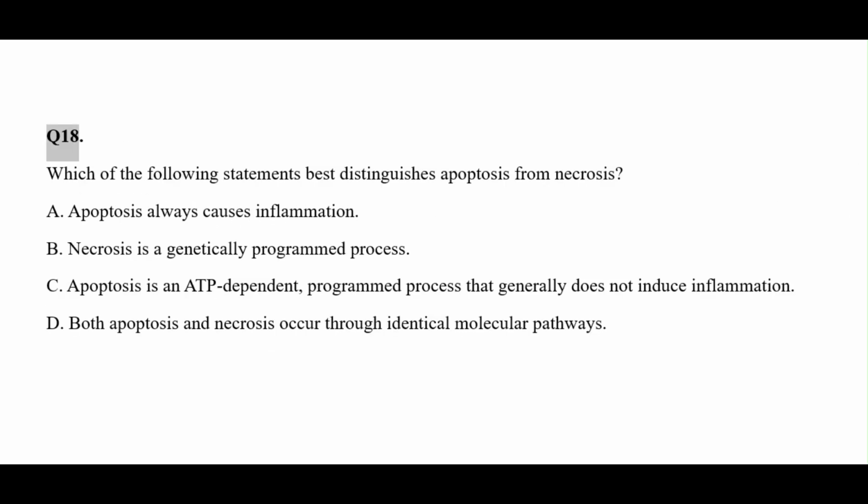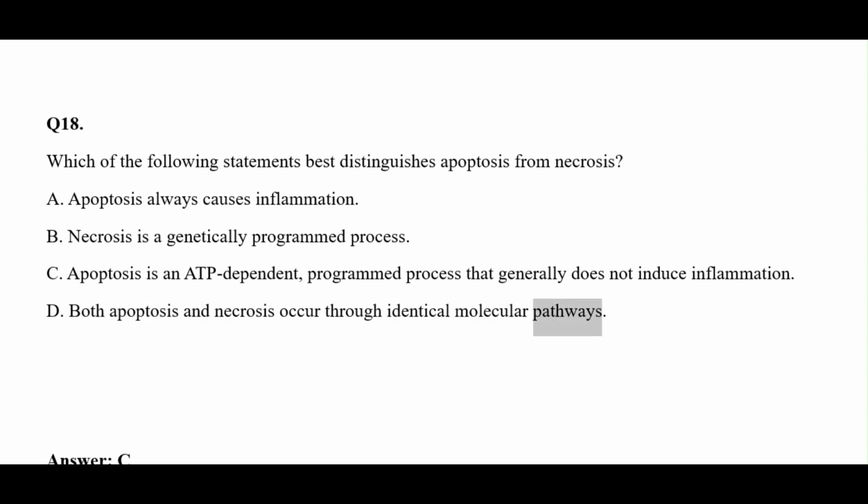Q18. Which of the following statements best distinguishes apoptosis from necrosis? A. Apoptosis always causes inflammation. B. Necrosis is a genetically programmed process. C. Apoptosis is an ATP-dependent, programmed process that generally does not induce inflammation. D. Both apoptosis and necrosis occur through identical molecular pathways.